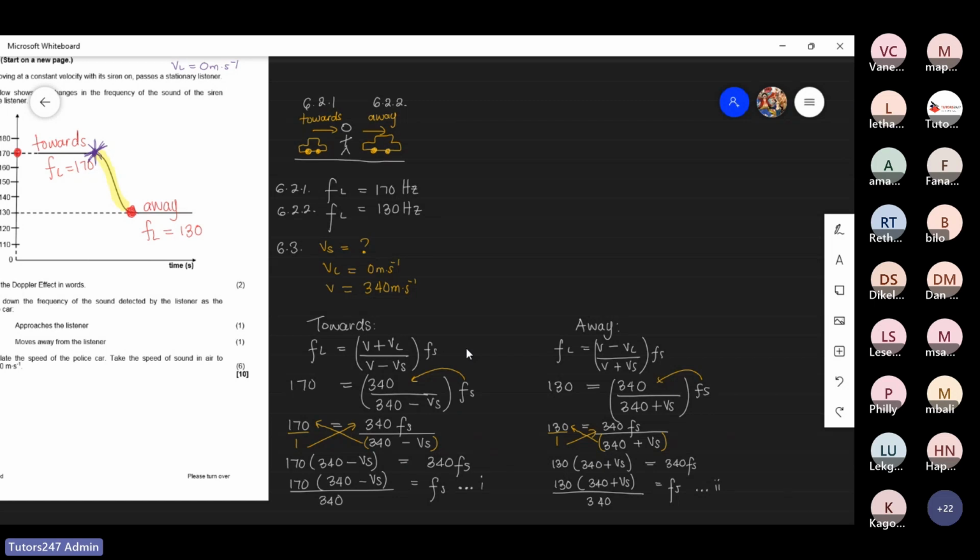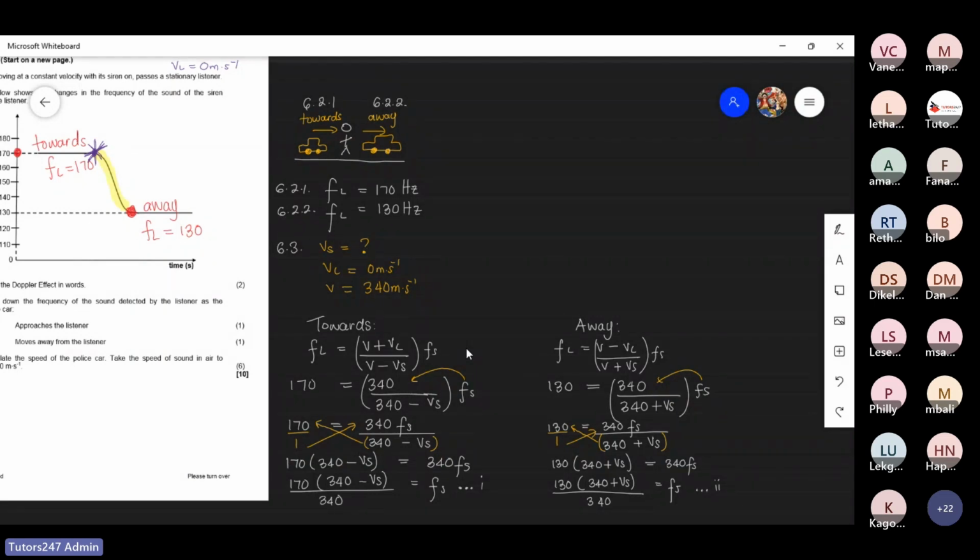That creates two different formulas. Our first formula is plus on top, minus at the bottom. That is towards. So always keep in mind, whenever the object is moving towards, plus on top, minus at the bottom. Whenever the object is moving away, it's going to be minus on top, plus at the bottom.